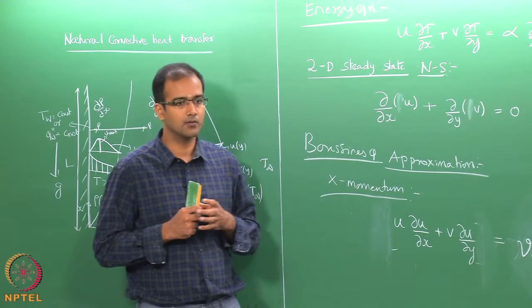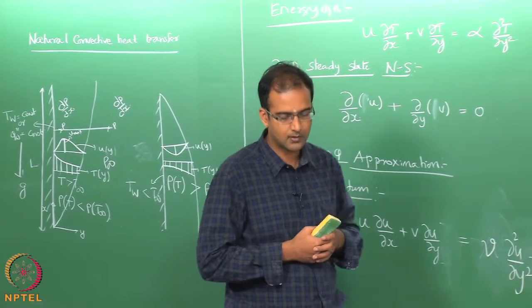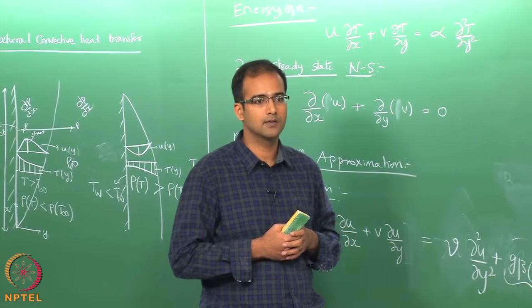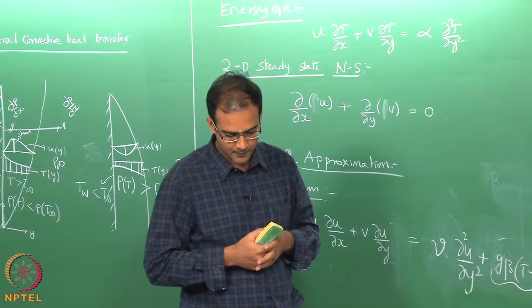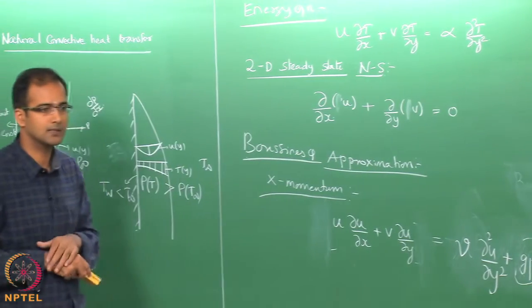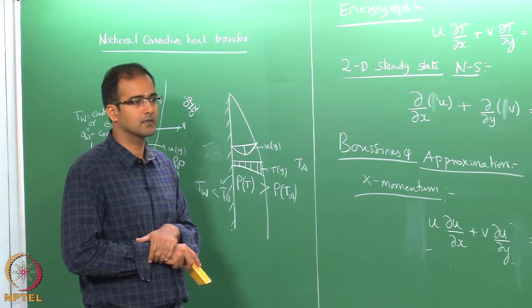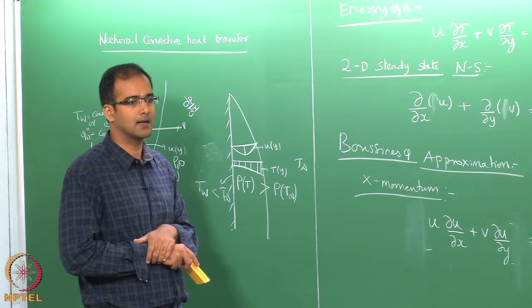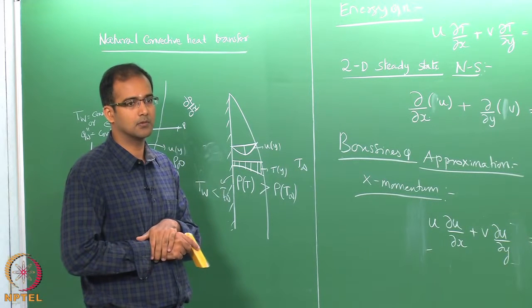Now, we will see in the due course of another 1 or 2 lectures how to solve these equations one after the other for different boundary conditions. But before doing that, now that we have derived the governing equations, let us try to non-dimensionalize them taking some reference parameters and see what non-dimensional numbers come out.